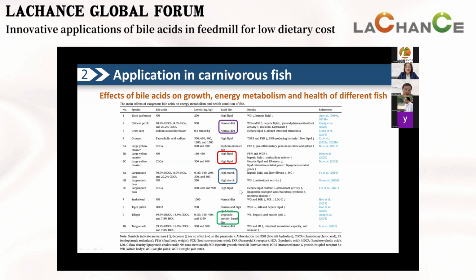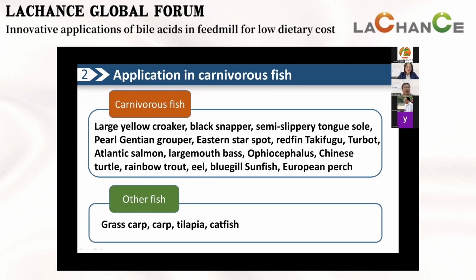Also, there is a lot of research about bile acids in vegetable protein-based diets. And here is a review of the research until now. We can see that most of the research on bile acids is in carnivorous fish.